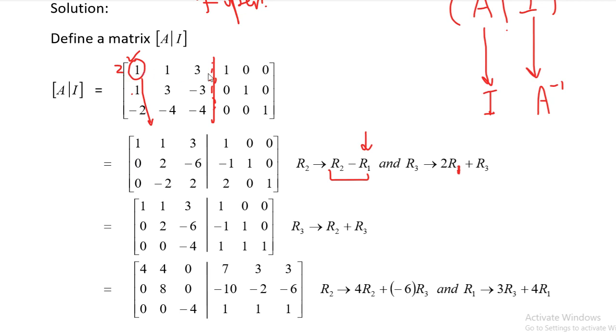But the whole row should be multiplied, not just one number. When you are saying 2 into R1, it means the whole row gets multiplied by 2. So if the whole row gets multiplied by 2, you will get 2, 2 and 6.